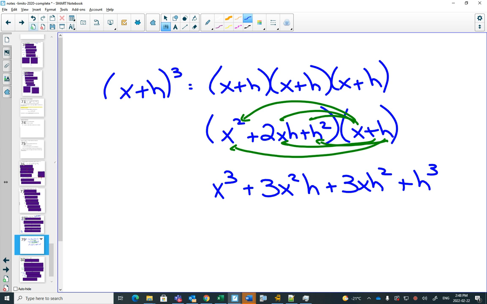which some of you might remember from grade 12 pre-calculus, if you've done the binomial theorem, that you could use the binomial theorem or Pascal's triangle to figure that out.